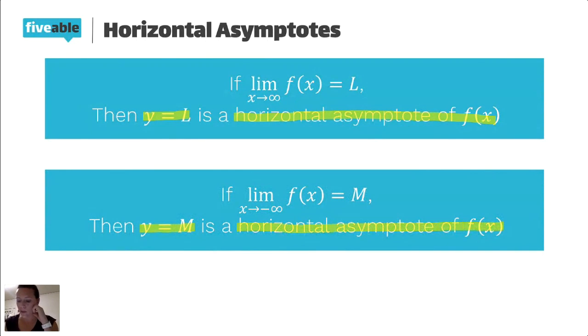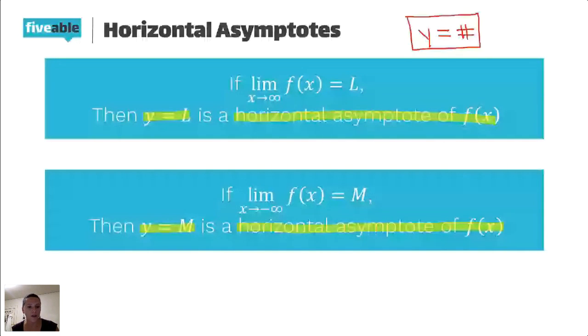A couple other important things I want to mention right now before we try finding some horizontal asymptotes ourselves. First, keep in mind how you write a horizontal asymptote. You always have to make sure that you write a horizontal asymptote as y equals some number, okay? So super important in terms of notation there.